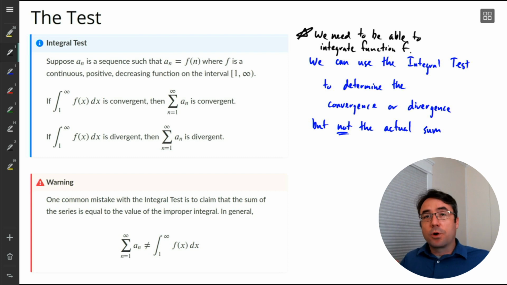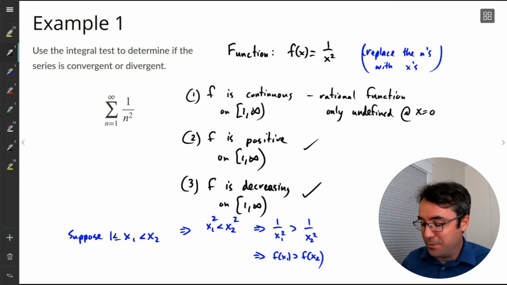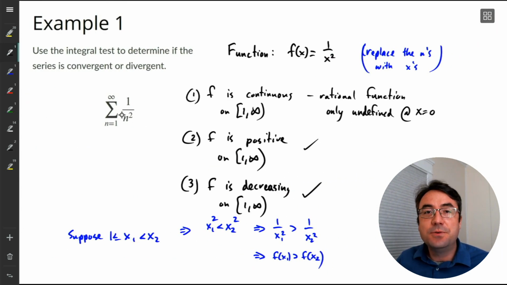Next lesson, we're going to learn another test, and then the lesson after that, another test. So we're going to go through all these different tests for series. And the integral test is nice because it gets us really started. As we saw in example 1 here, we can use the integral test for all of our p-series. So if we wanted to go through and actually show our p-series, this is how we would do it.